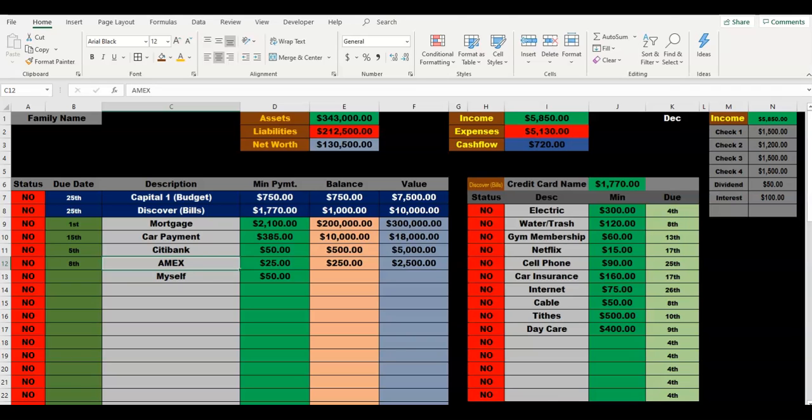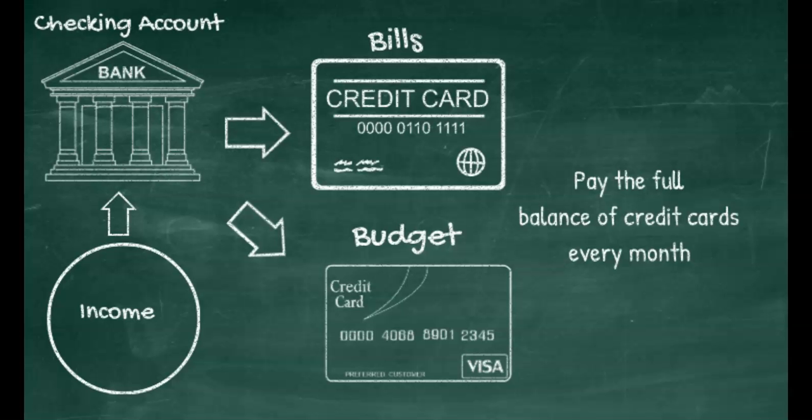So guys, I hope you found value in this video as far as setting this up, understanding that there is a process in which we're doing this. We understand that there are three little areas. We have all our bills. We list all of our bills out. We separate them into categories, basically: checking account, what credit card we're going to use to pay our bills, and what we're going to be using for budget.